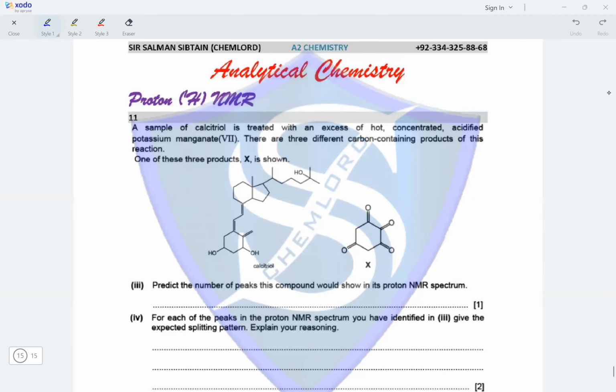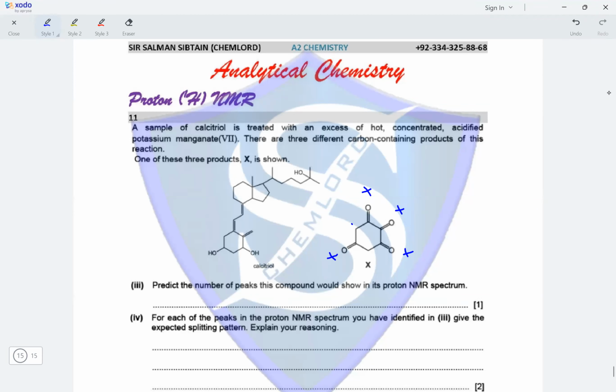Question 11. A sample of calcitriol is treated with an excess of hot concentrated acidified potassium manganate(VII). There are three different carbon containing products of this reaction. One of these three products is X shown. Predict the number of peaks this compound would show in its proton NMR spectrum. So this carbon will not show any peak, this will not show any peak, this will not show any peak, this will not show any peak.